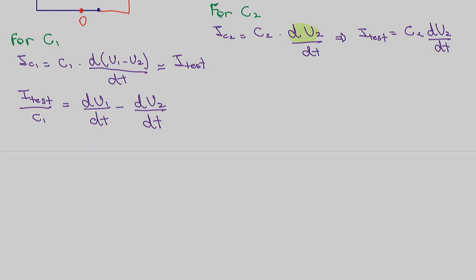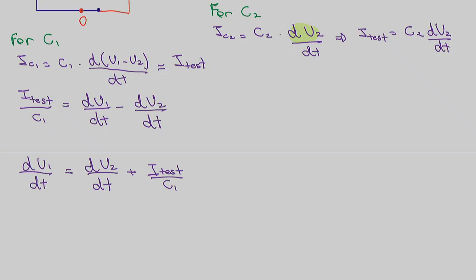I know I'm going to write dU1 dt equal dU2 dt plus ITest over C1. What did I do? I just rearranged. Signs changed. There's no minus anymore.